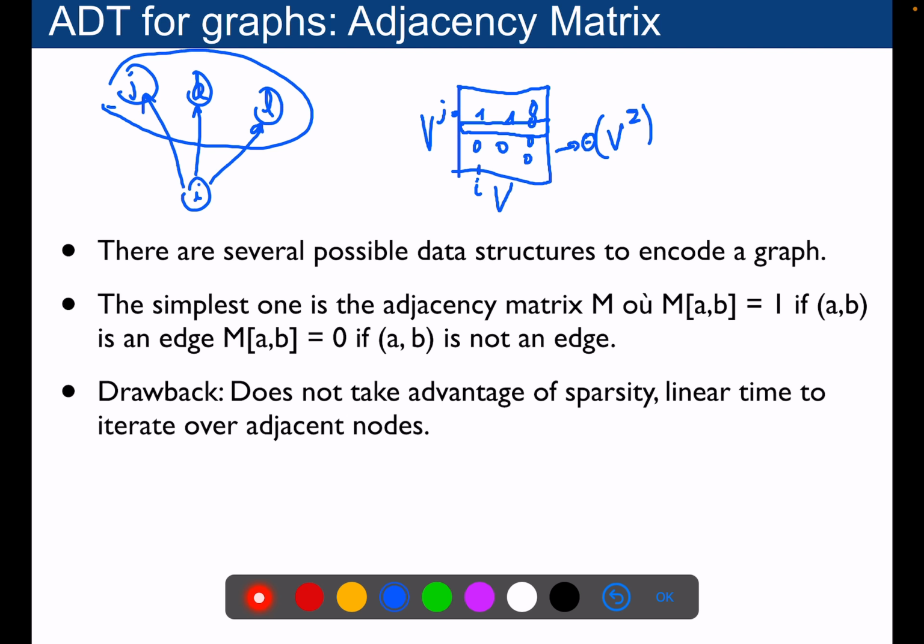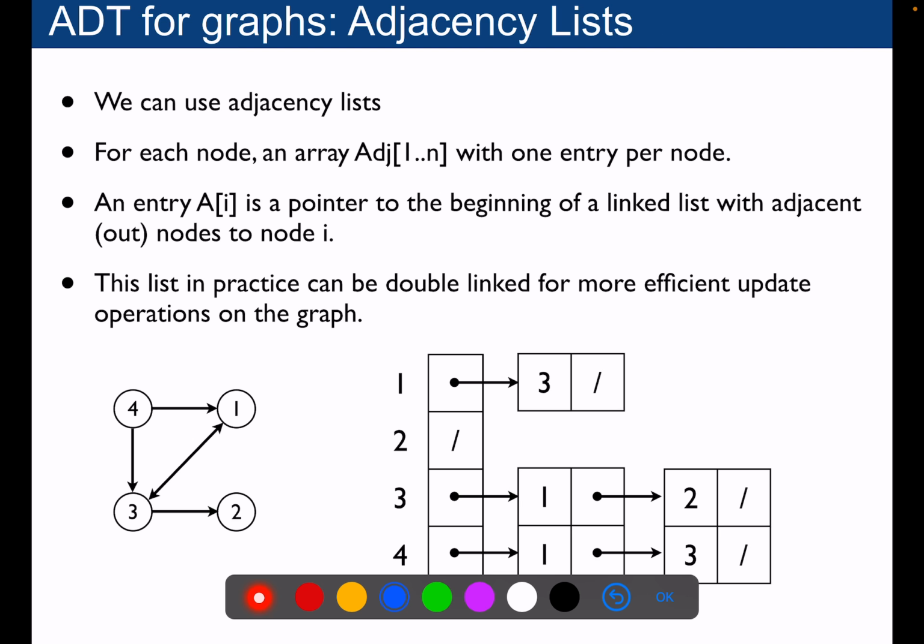And this gives us the next possible implementation, which is adjacency lists. In the adjacency list data structure representation, you will store for every node the adjacent nodes. So for instance, what are the nodes adjacent to node 3? Well, there is, of course, 1 and there is 2, right?